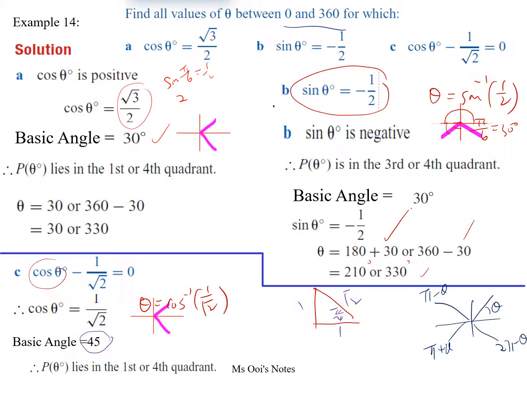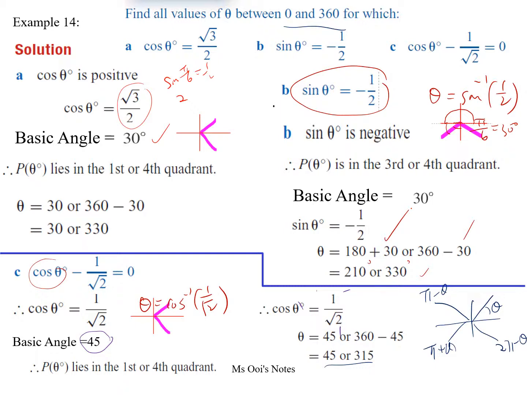Or theta degrees, 180 minus theta degrees, 180 plus theta degrees in the third quadrant, in the fourth quadrant 360 minus theta degrees. Okay, so what we've got here, it will be 45 degrees or 315 degrees. Okay, clean up this. You guys can see the answers.